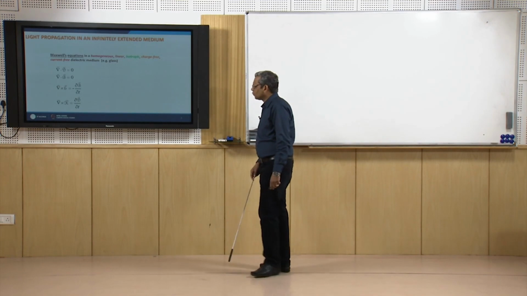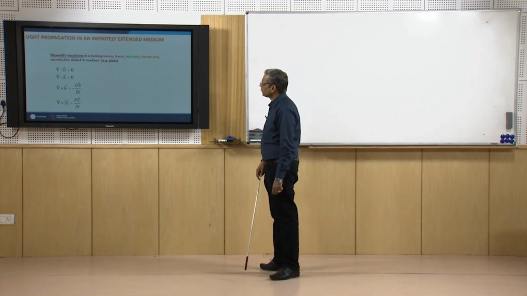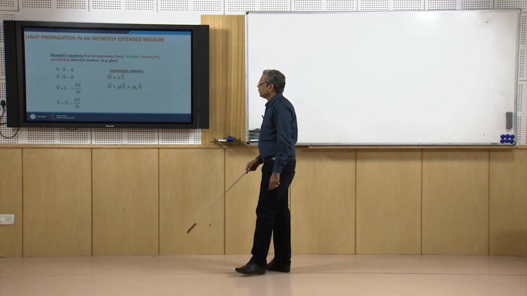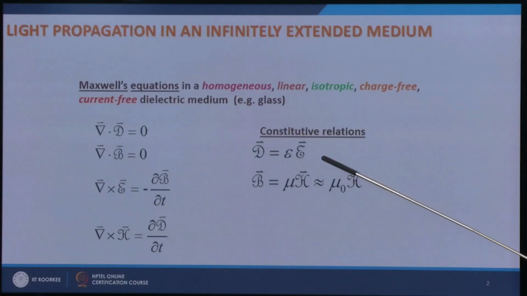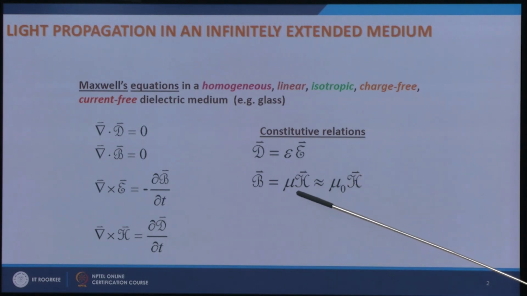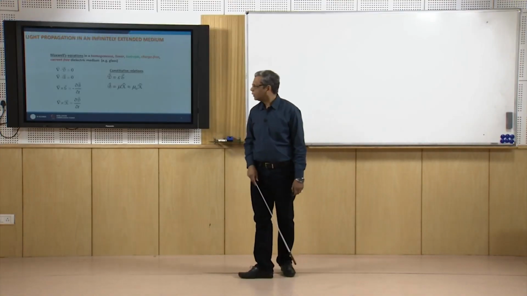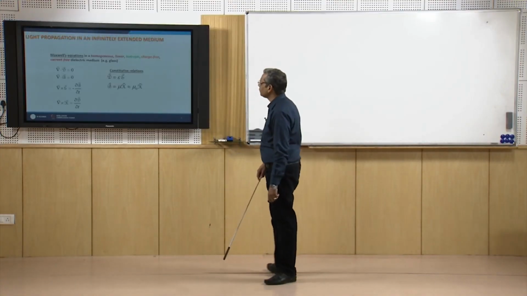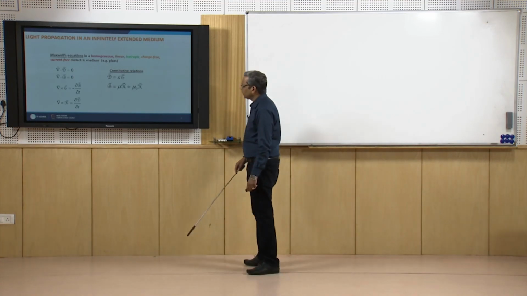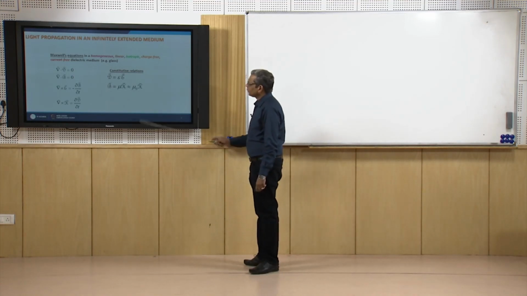Apart from these four Maxwell's equations, we also have constitutive relations which are D is equal to epsilon E and B is equal to mu H. If I consider a dielectric medium such as glass, then it is a non-magnetic medium, and in a non-magnetic medium mu is approximately equal to mu naught.